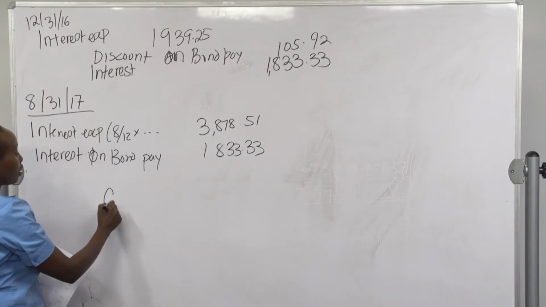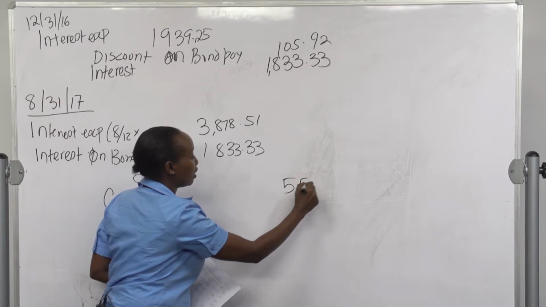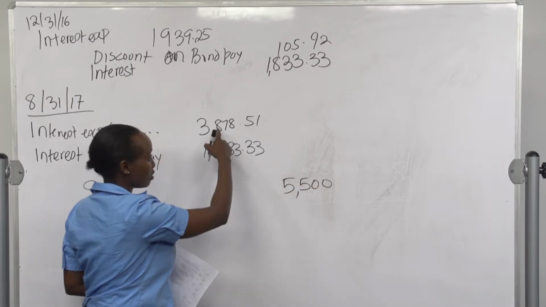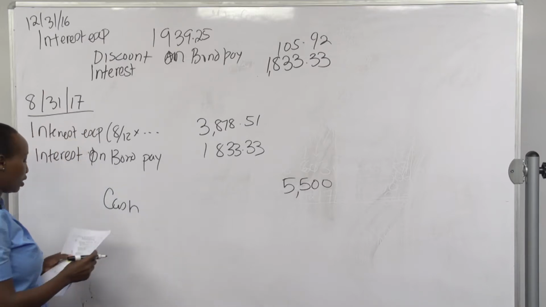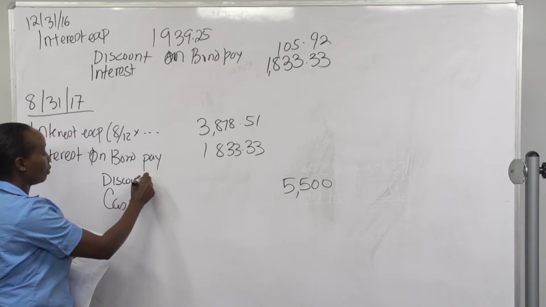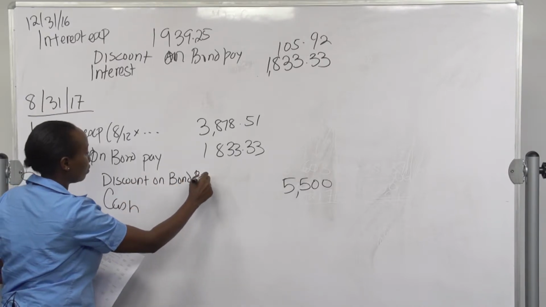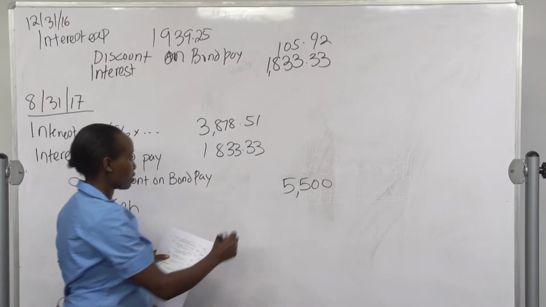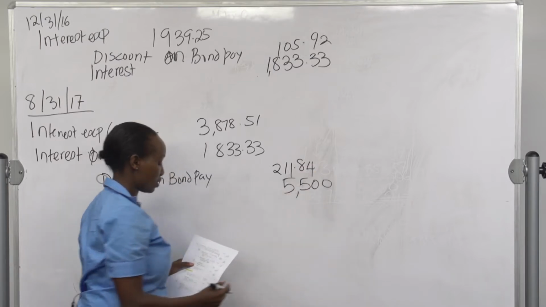And for the cash payment, we have the entire $5,500. The difference between this and this is our amortization for the bond. So discount on bond payable is $211.84.